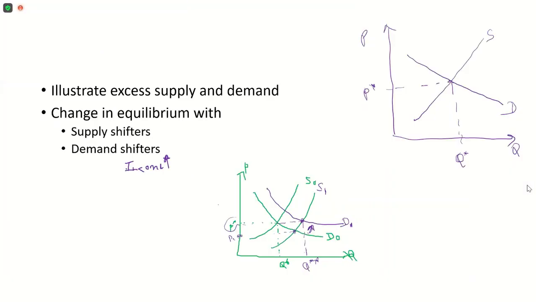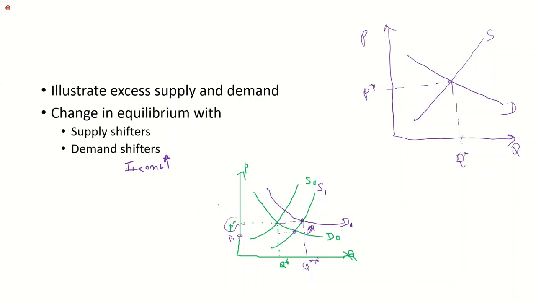We discussed the change in equilibrium last week as well. Once you find the original equilibrium, you can illustrate the change in the equilibrium due to certain factors, be it the supply change or demand. For example, if there's a change in supply due to a new technology, mechanization, or change in the labor prices, you can show a change in the supply curve.